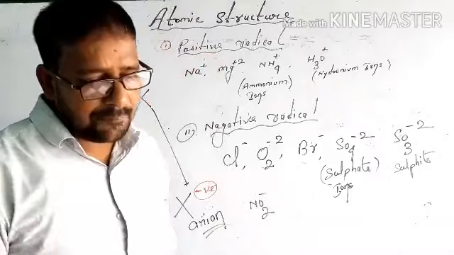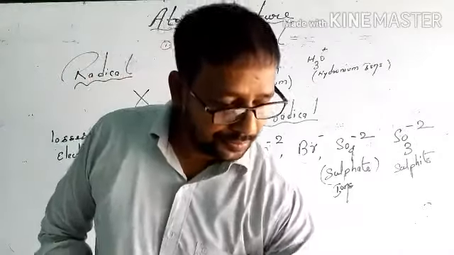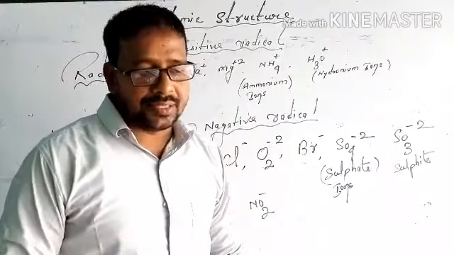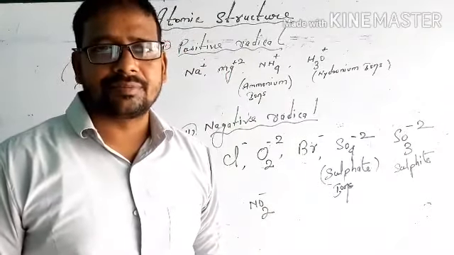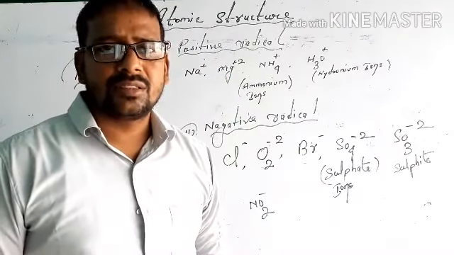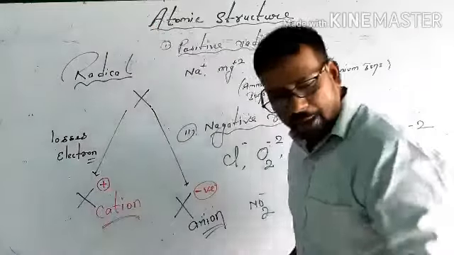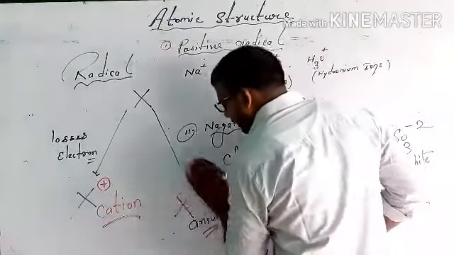In your book, page number 99, acidic radical and basic radical are given. Actually, one thing you have to keep in your mind.